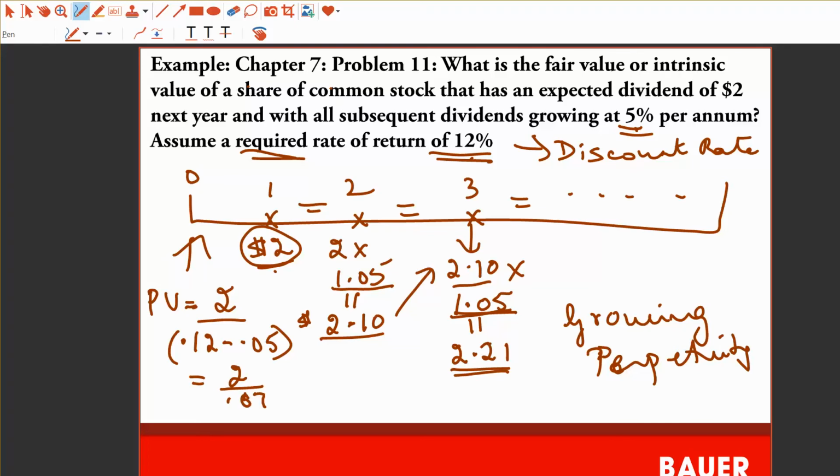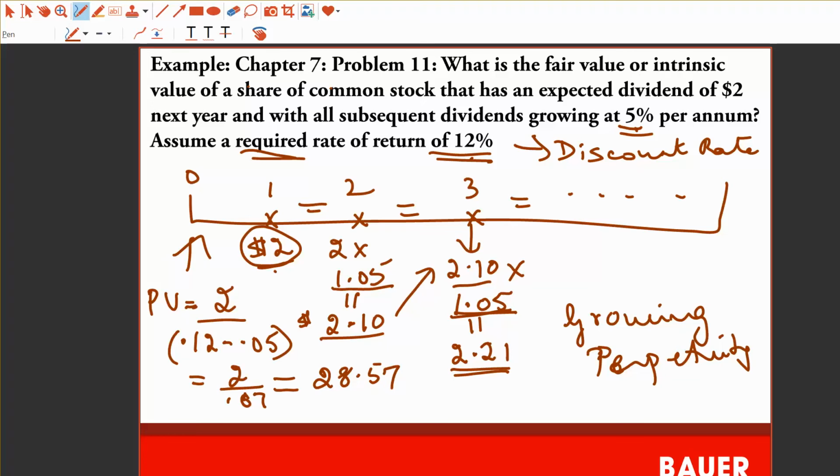The main thing here is to recognize that this is a growing perpetuity, so the present value translates to $28.57, which is the intrinsic value. That's how you would calculate the intrinsic value of this common stock.